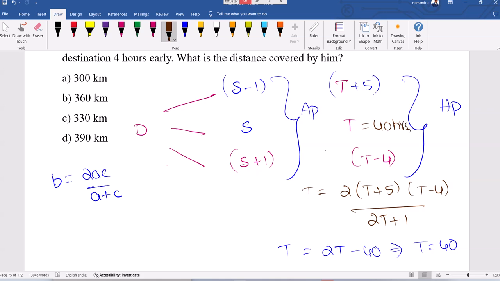Now the distance should be divided by 40. I think 360 kilometers is what I am sensing. Distance is speed into time.